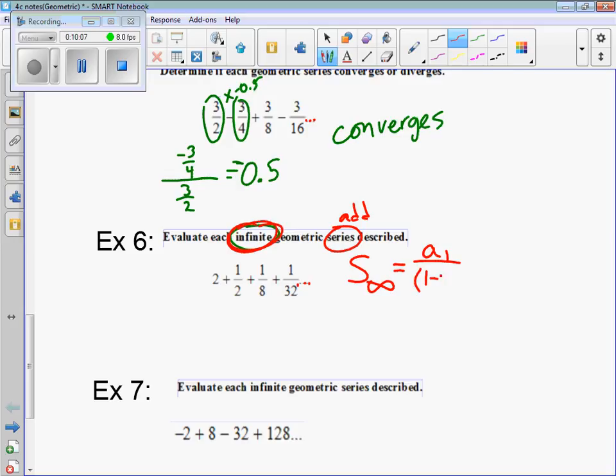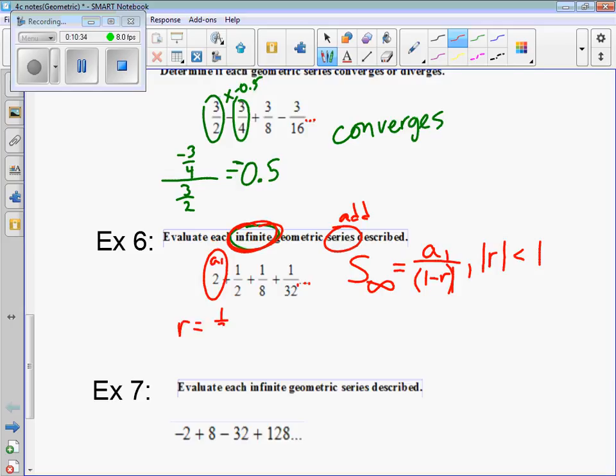This only is used when the absolute value of r is less than 1, meaning r has to converge on a number. It has to be a fraction. So to find r, you have to find the first term, which is easy. To find r, it's just the second term divided by the first term.